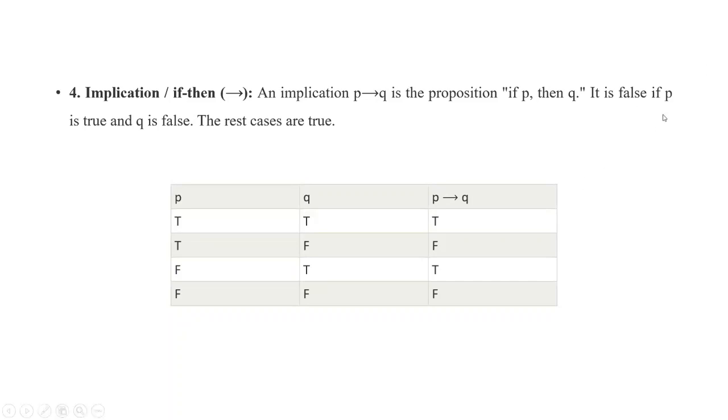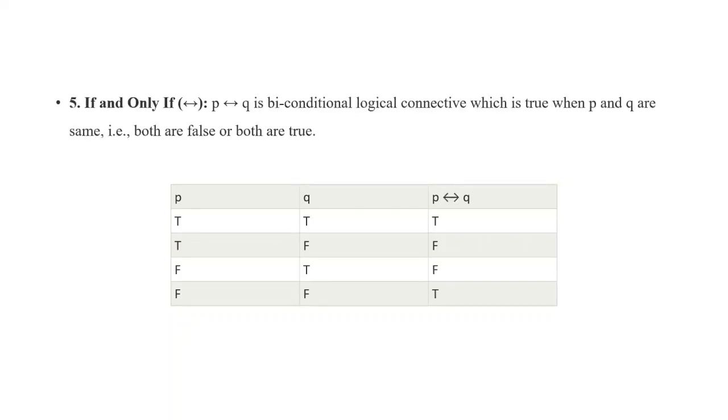It means if the first statement is true and the second is false, then the compound statement is false. Otherwise, it is true. But whenever both statements are false, then the compound statement is also true.